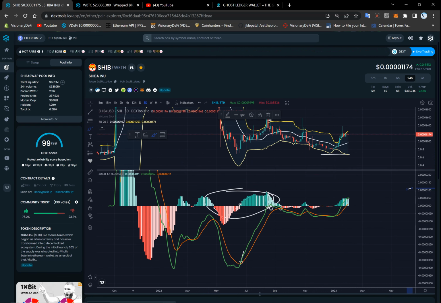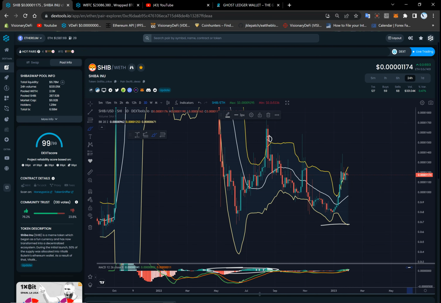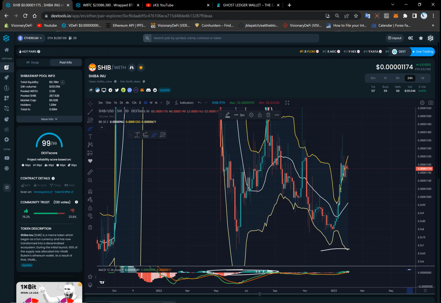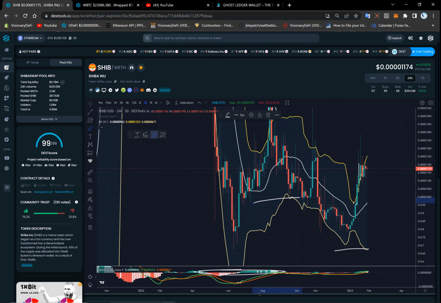We can see that as well, where price is hitting the upper Bollinger Bands and it's resisting. So let's see how many times it resisted.